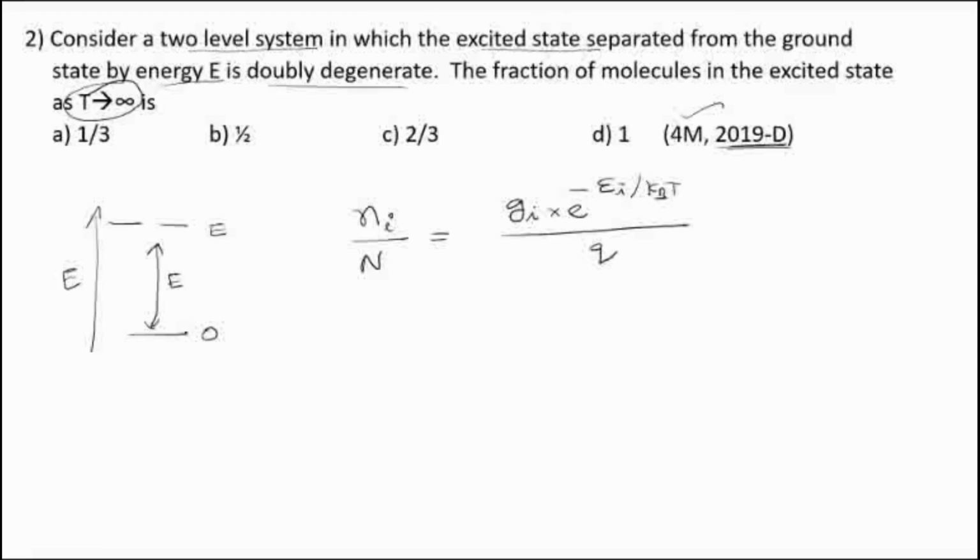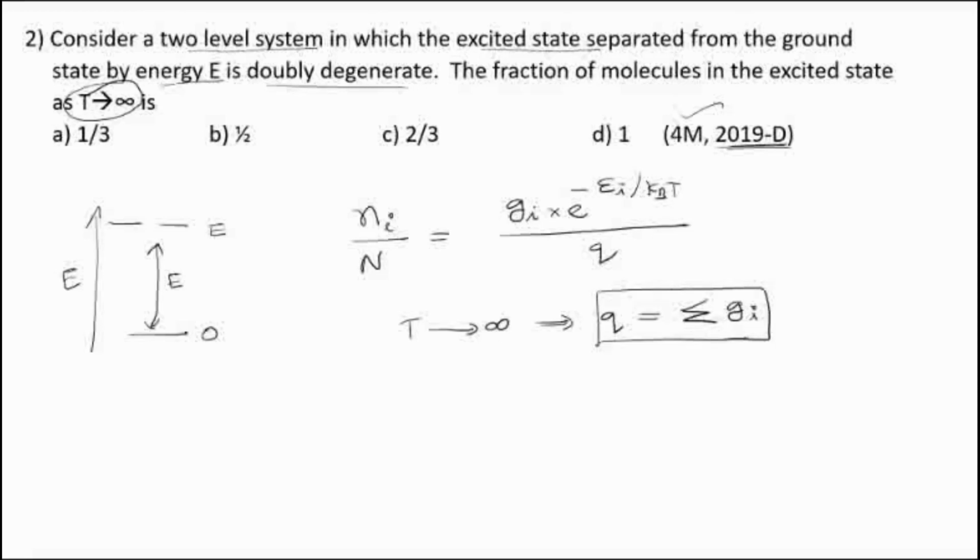Now we know very well, as temperature approaches infinity, the molecular partition function q becomes equal to the sum of the degeneracies of each level. Remember, it's a very useful one.